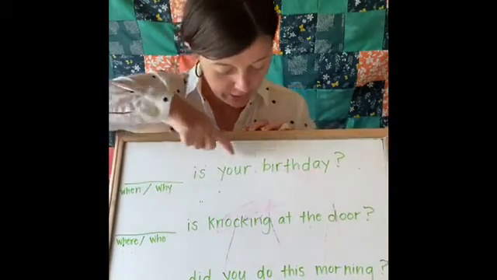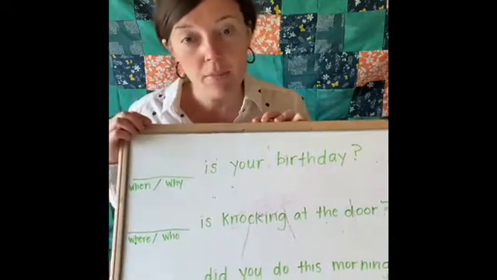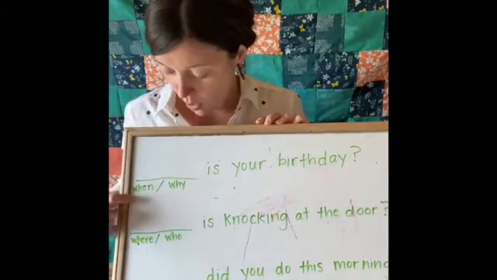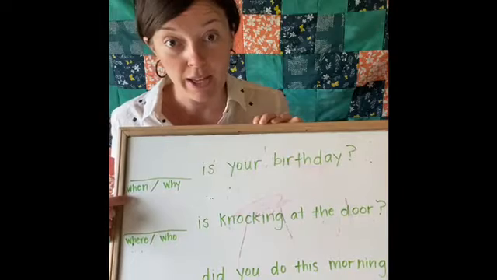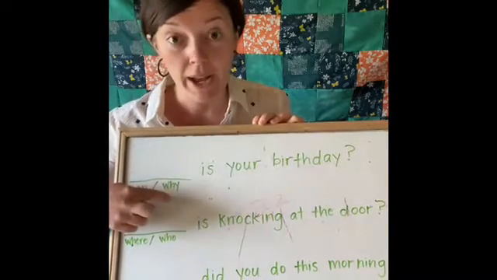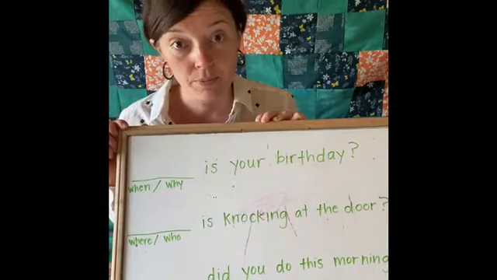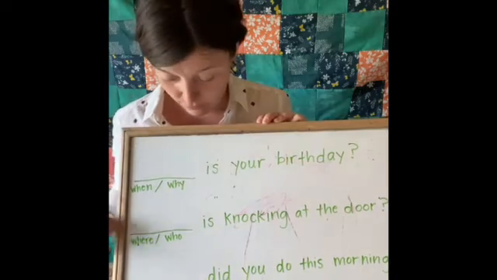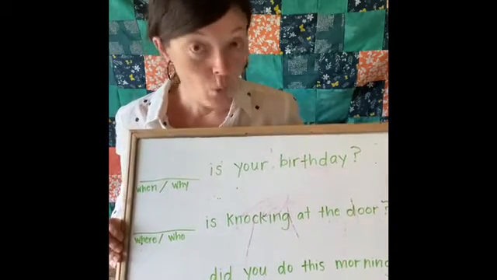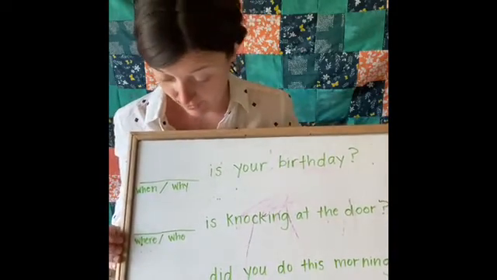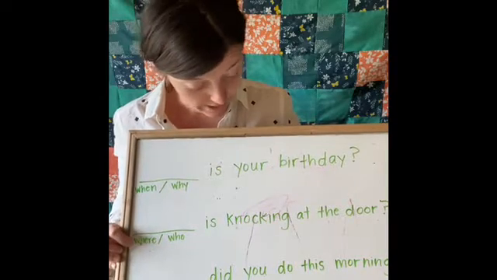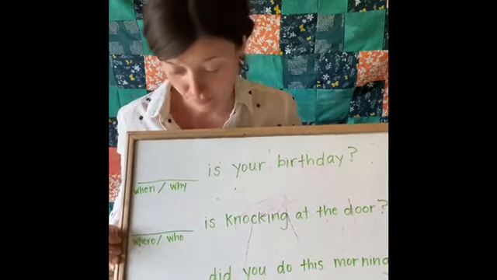Blank is your birthday. Does it make more sense to say, when is your birthday, or why is your birthday? Okay. What makes the most sense? Where is knocking at the door?